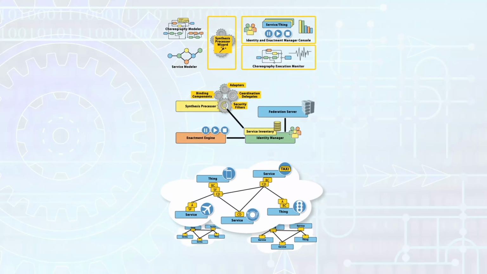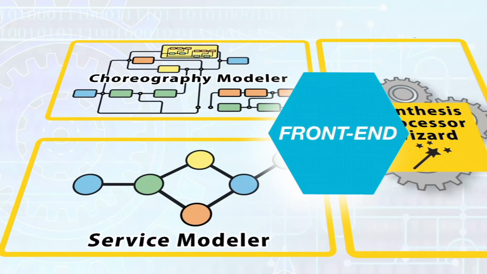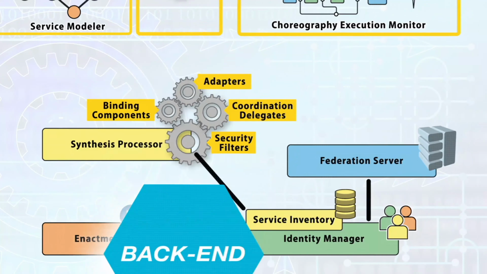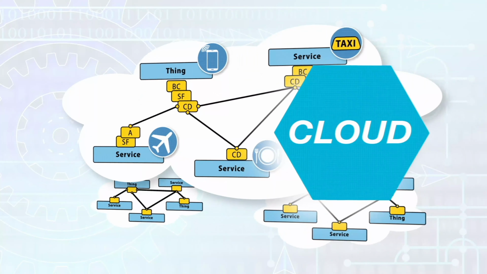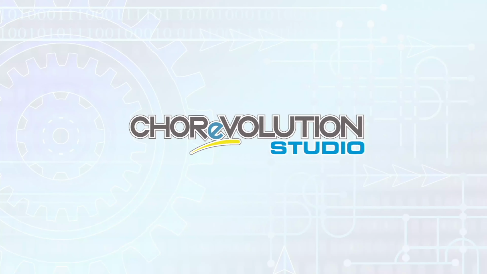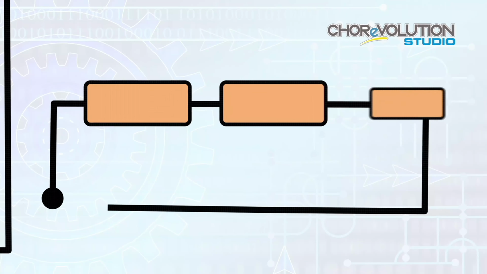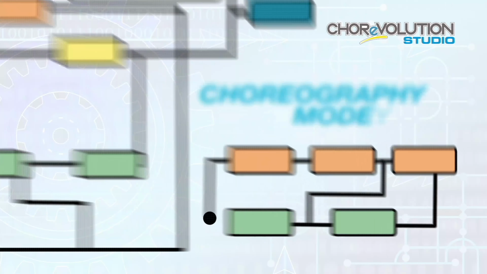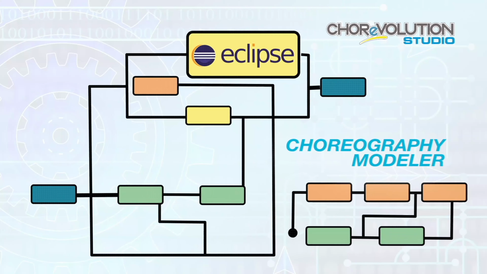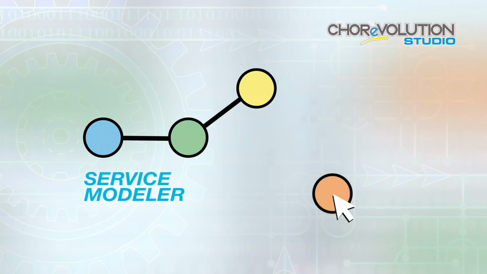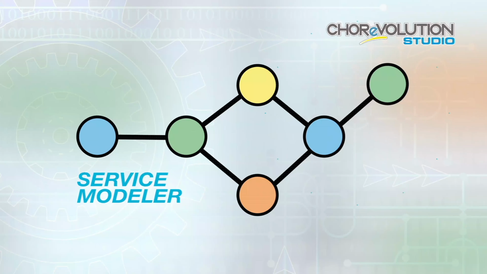CHOReVOLUTION is a toolbox of well-integrated front-end and back-end components, enhanced by a flexible cloud infrastructure. The CHOReVOLUTION Studio is an Eclipse-based IDE. Business experts, process designers, and service providers use it to design service choreographies based on the standard BPMN notation by simple drag-and-drop operations.